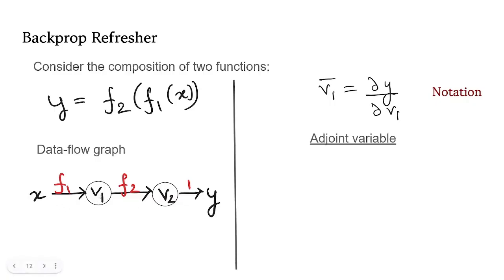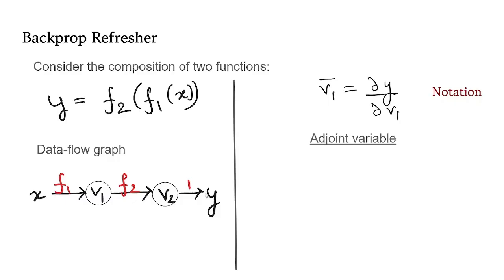The notation which I'm using is that the node will represent the value of an intermediate computation, and the edge will denote the operation which led to that value. So for instance, I have the input x, I apply the function f1 to it to obtain f1(x), and I denote it by an intermediate value v1. I apply f2 to v1 to obtain v2, which is really a dummy variable for the output y.